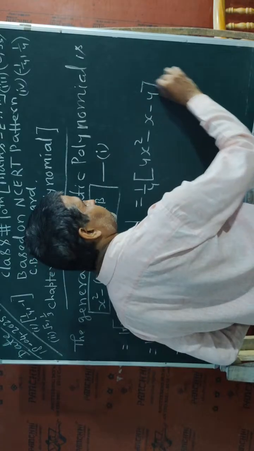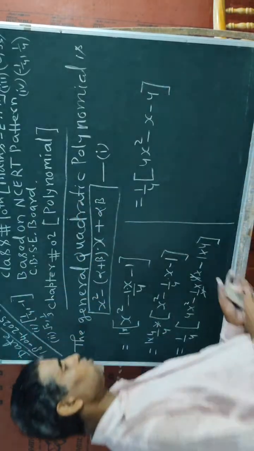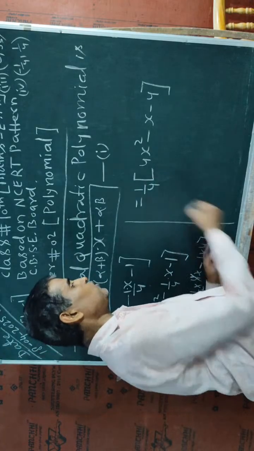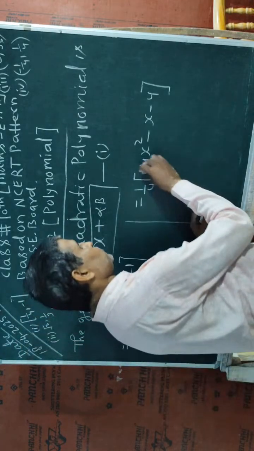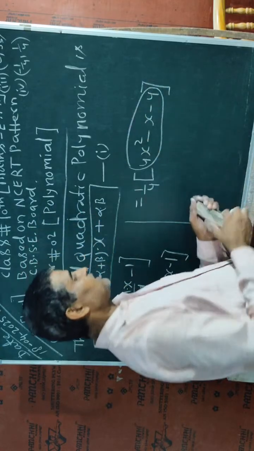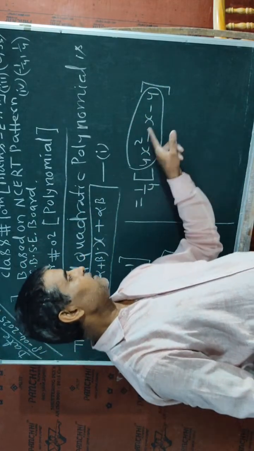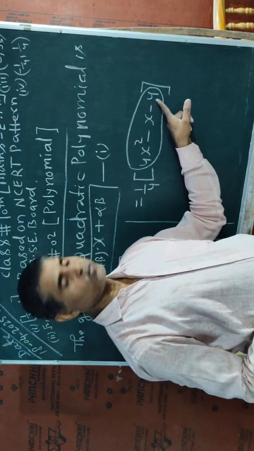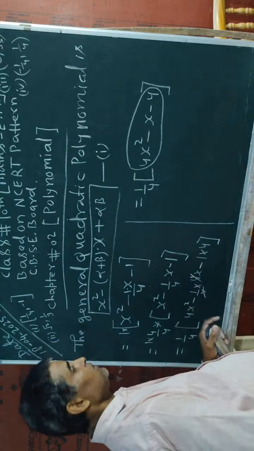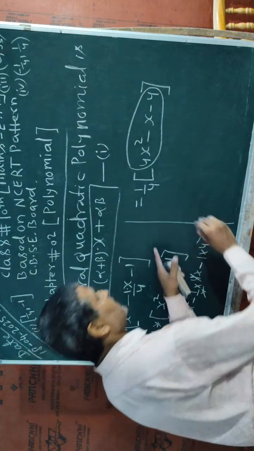So I can write minus 4. So after simplification I have got that quadratic polynomial. That quadratic polynomial is this, that is 4x square minus x minus 4. Okay students, so this is the answer. So I will write the quadratic polynomial is.